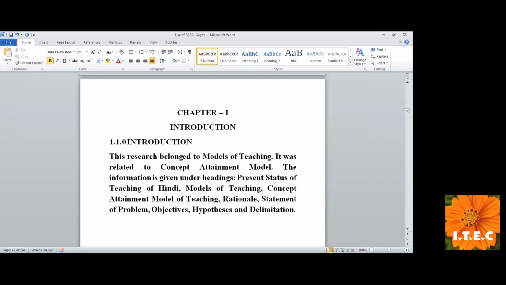When you are writing the delimitation, it automatically includes limitation. But when you are writing the limitations, it does not include delimitation. So therefore, in a research, there is no need of writing both limitations as well as delimitations. You should only write the delimitation.